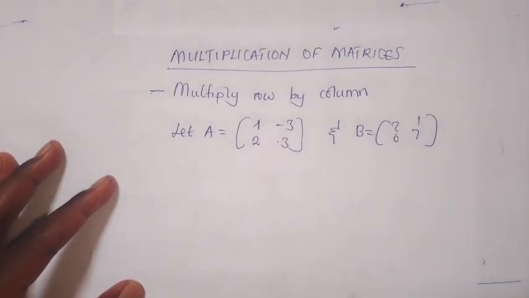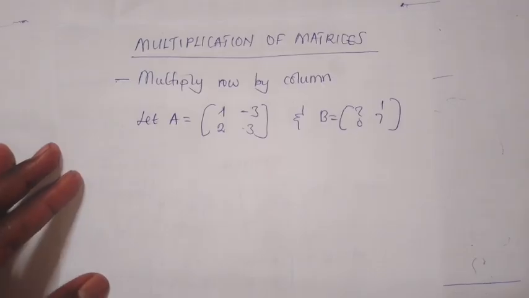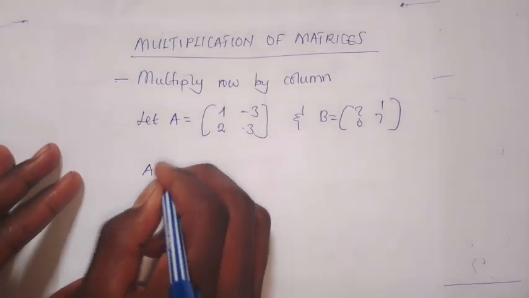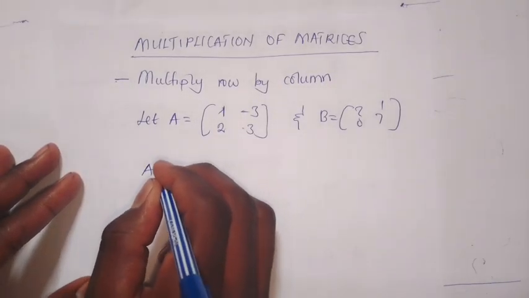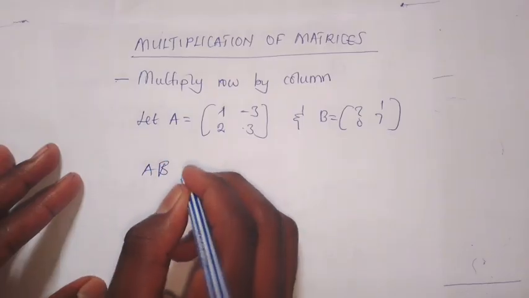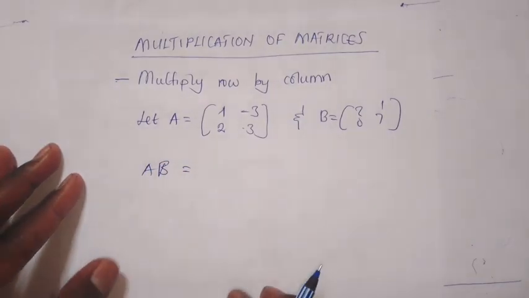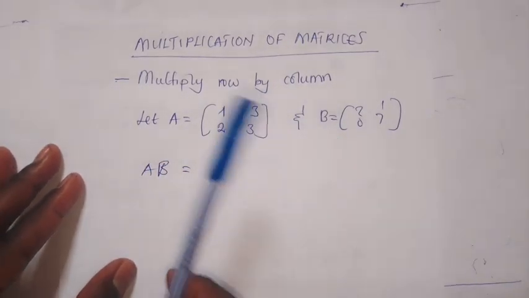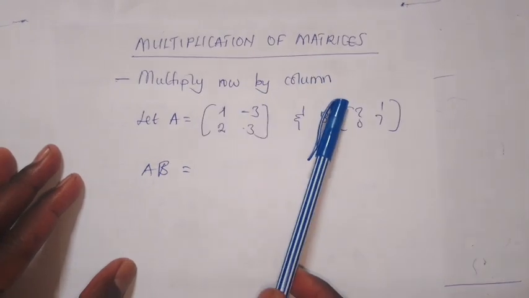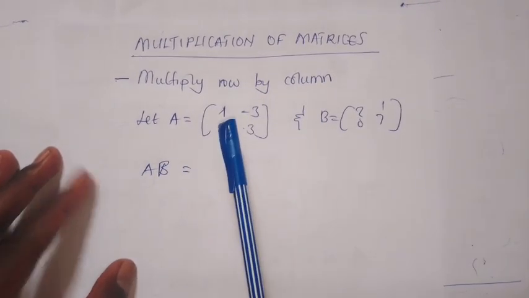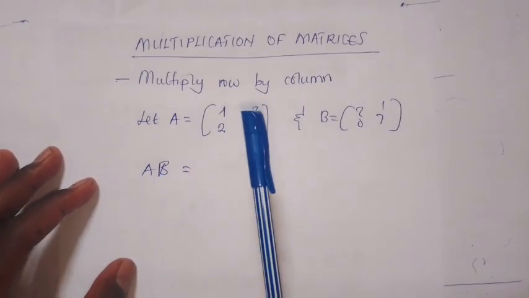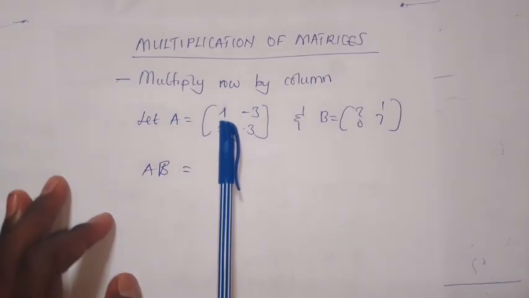Then they tell you to multiply A times B. So we multiply row by column, but listen very carefully here.